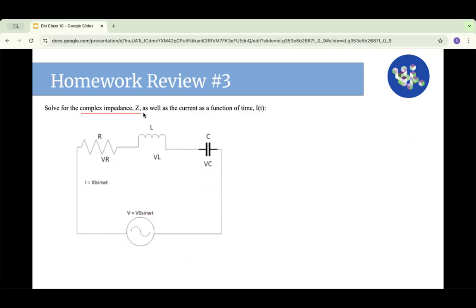So we want to solve for the complex impedance Z of this. So we have our resistance R. Remember that the complex impedance of an inductor is i omega L. For a capacitor it is 1 over i omega C. And since all these elements are in series, we have that the complex impedance is simply the sum of these.